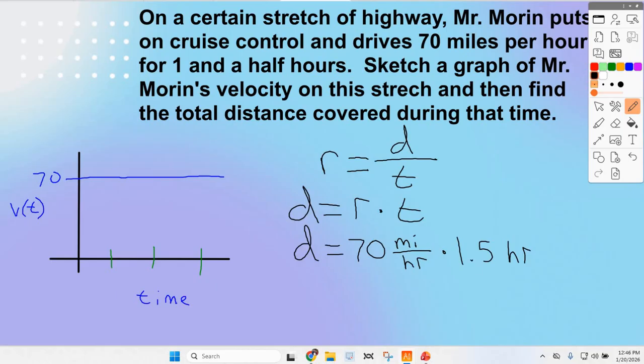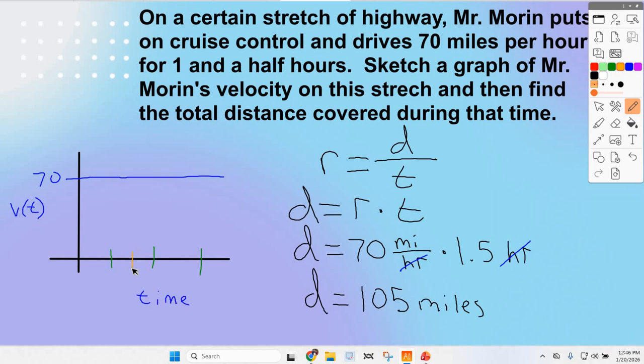So then what are we left with? 105 miles. And we are in miles, because notice that our hours would reduce.